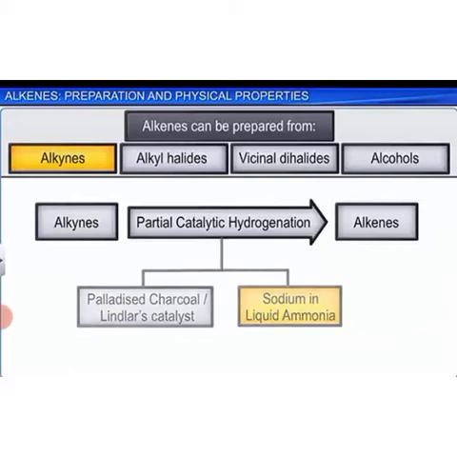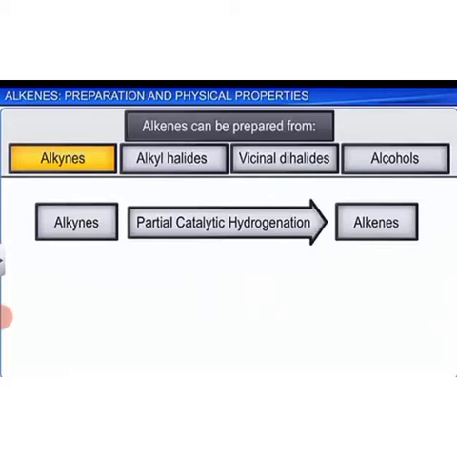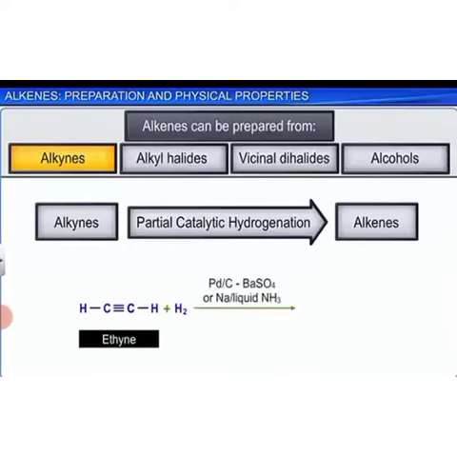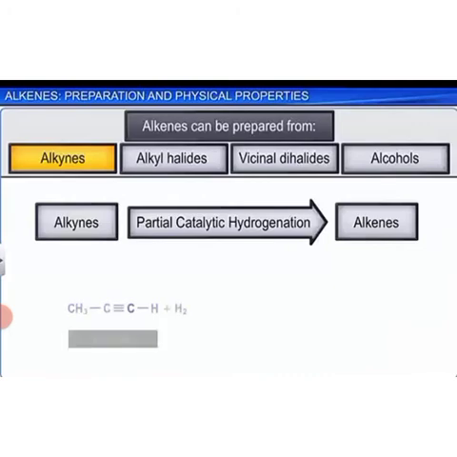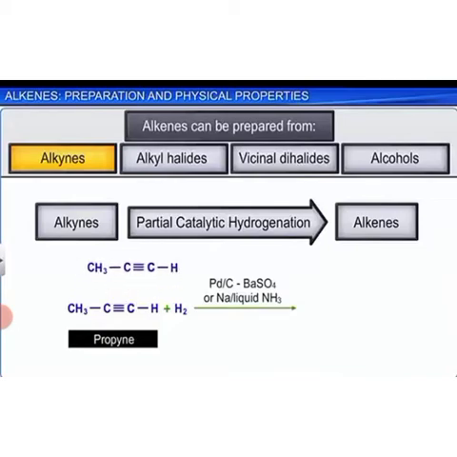For example, ethyne, on reduction with palladised charcoal or sodium in liquid ammonia, forms ethene. Similarly, propyne, on reduction with palladised charcoal or sodium in liquid ammonia, forms propene.